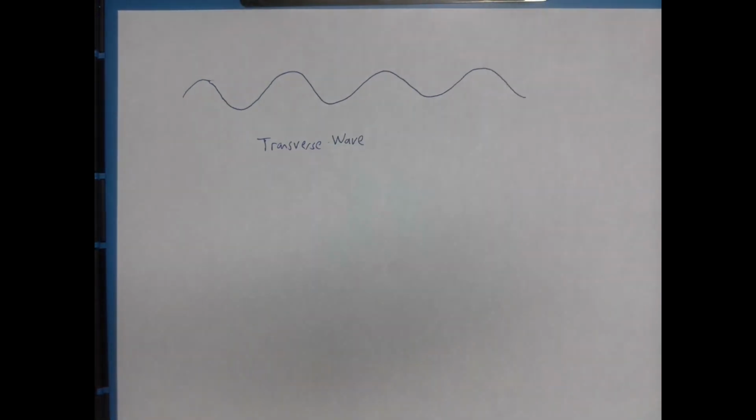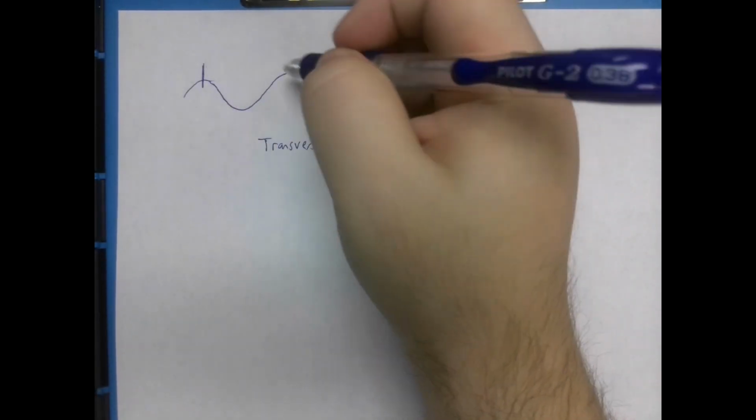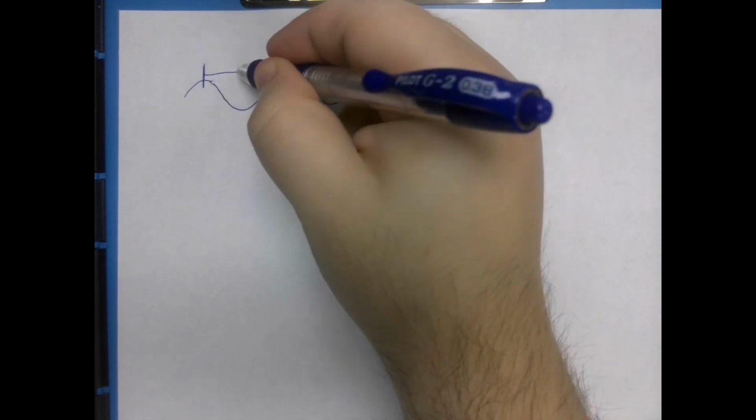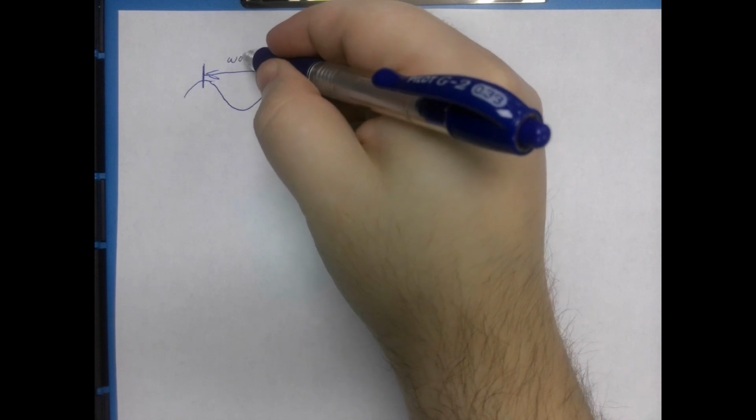What is one wavelength? What would be one wavelength on this wave? So one crest to another crest is one wavelength.